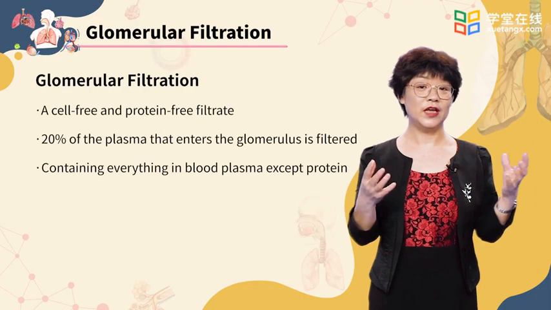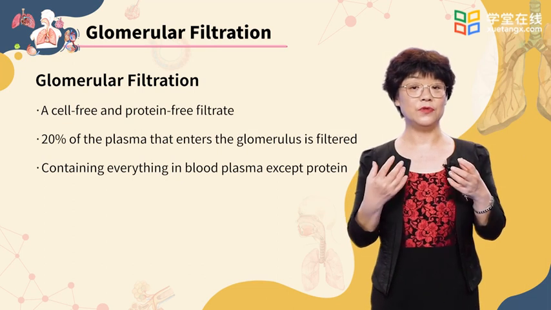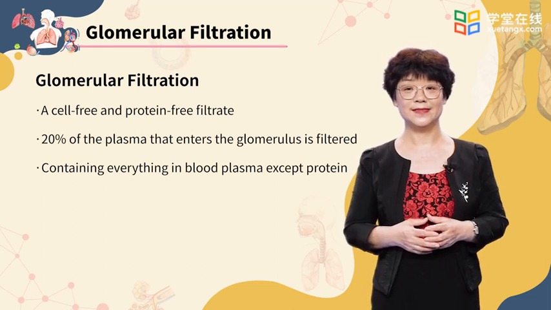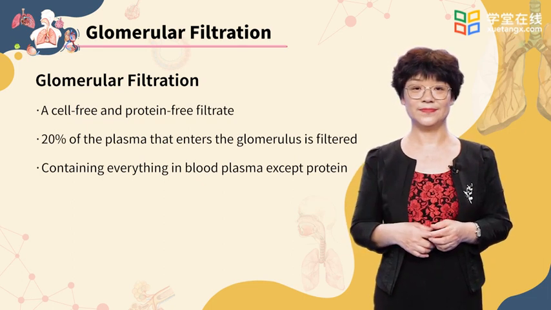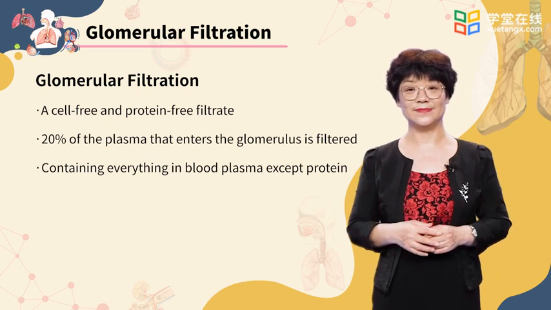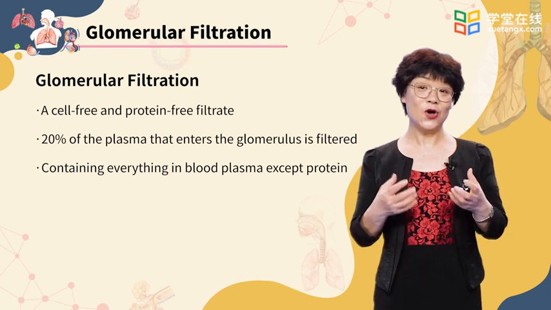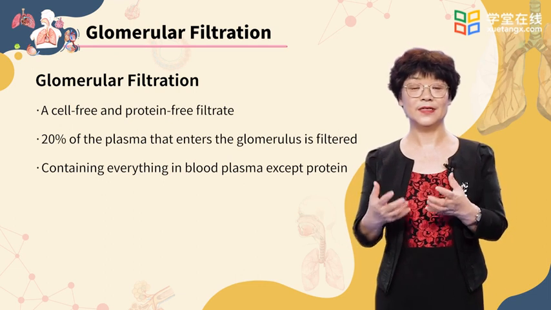When blood flows into the glomerular capillaries, the plasma is filtered into the Bowman's space. This process is called glomerular filtration. It is the first step of urine formation. All the substances of plasma are filtered except the proteins.